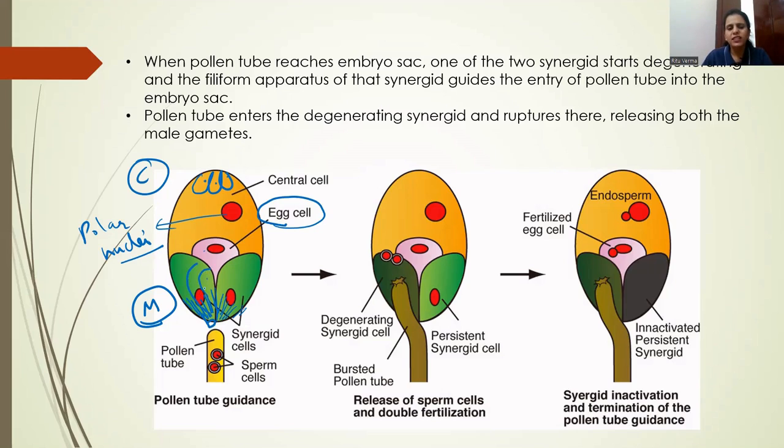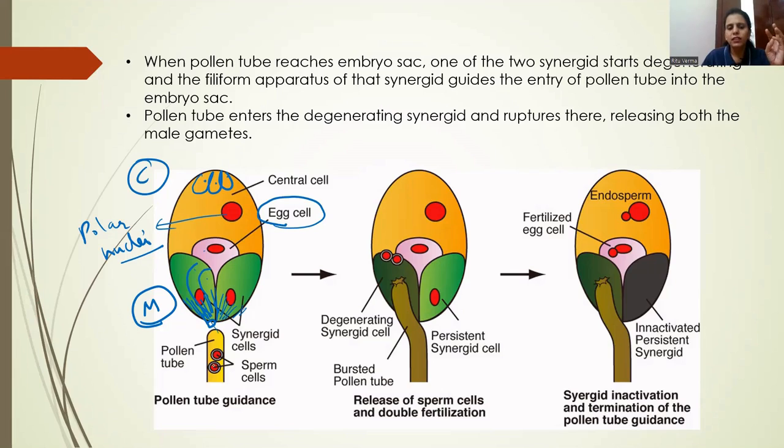When this pollen tube enters inside the female gametophyte, it will release its content into the female gametophyte. I told you in the previous slide that in this pollen tube, two male gametes are present, the cytoplasm of the tube cell is present, and the nucleus of the tube cell is present.